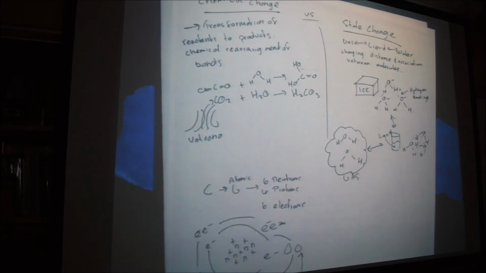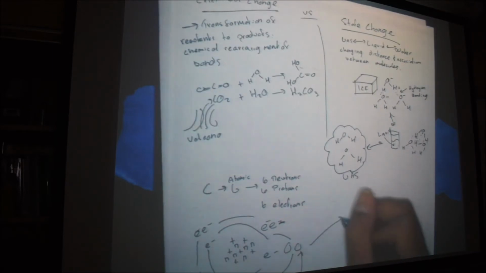Okay, now, what is an isotope? Who can tell me what an isotope is? So, an isotope is basically going to have a different number of neutrons. So isotopes have different numbers of neutrons.